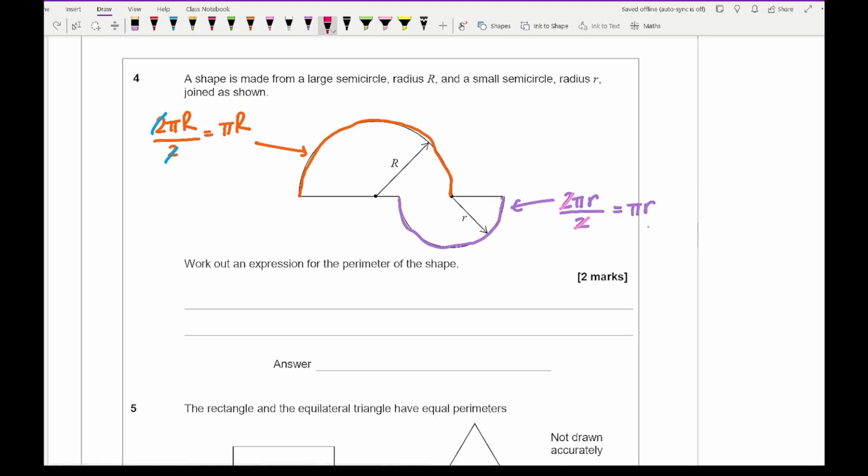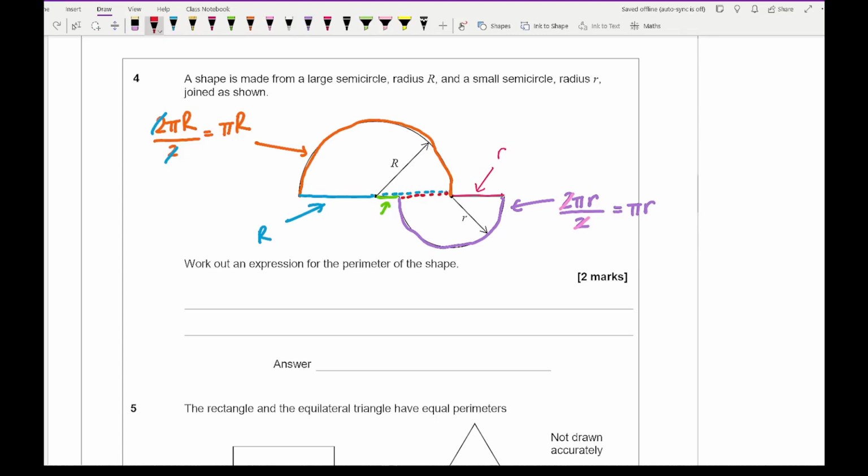So all that's left for me to do is work out the two straight lengths. So this length here is equal to little r. Now in terms of the other length, that's based on two sections. So this bit here is capital R. And picking a colour that I've got left, which is green, this length here is going to be, well, all of this would be blue, so that's going to be capital R, but I'm taking away little r.